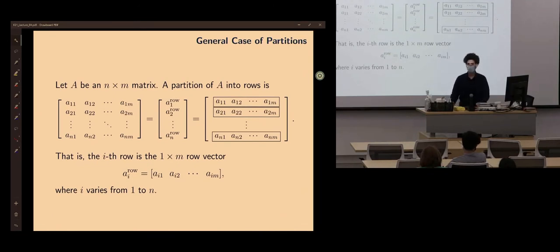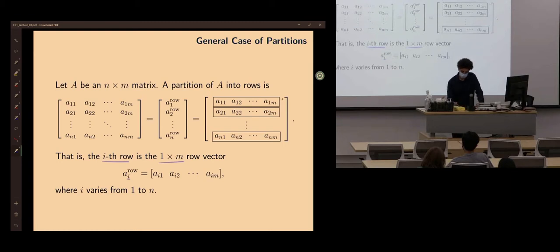Now let's use a dummy variable again. I use i. I want to show the ith row, which is a 1 by m row vector, using a general notation. And i can vary from 1 to n.